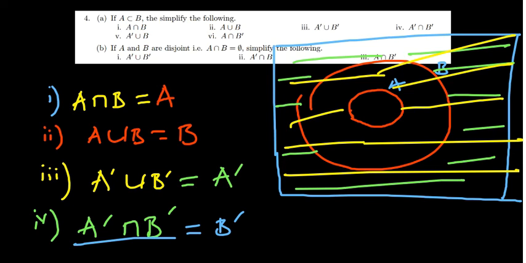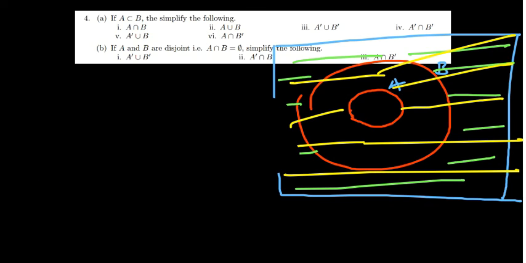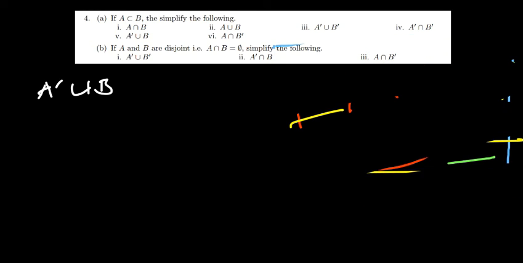And then finally, the last one is not actually the last one. Number 5 is what? That's A complement union B. So A complement union B, what does that mean? Let me try to create another.